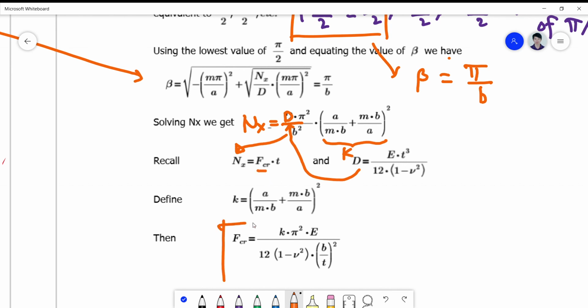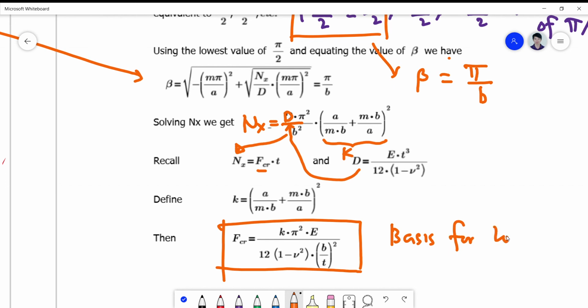So this is our final equation that will serve as basis for local plate buckling.